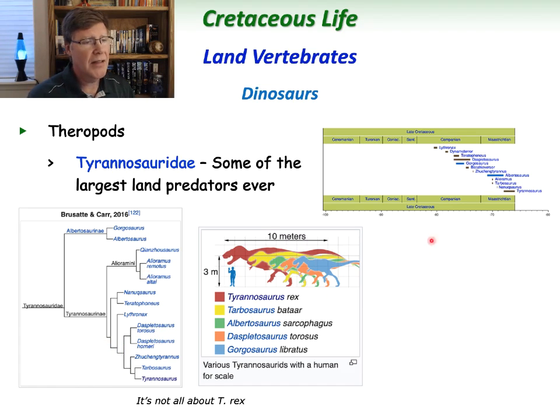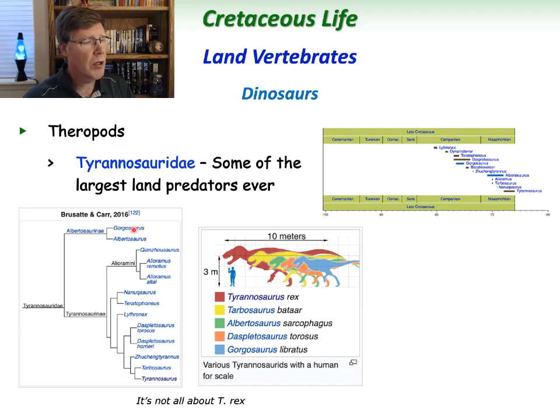One thing is that they didn't all live at the same time. Some were present earlier than others. All of these species were present in the late Cretaceous, but it was really only Tyrannosaurus present right at the end. Albertosaurus made it close, but Tyrannosaurus rex was there at the end. You can see here compared to each other.